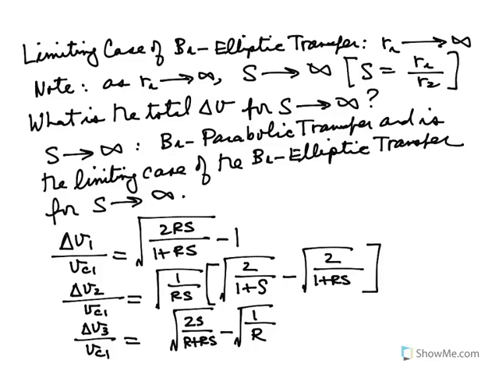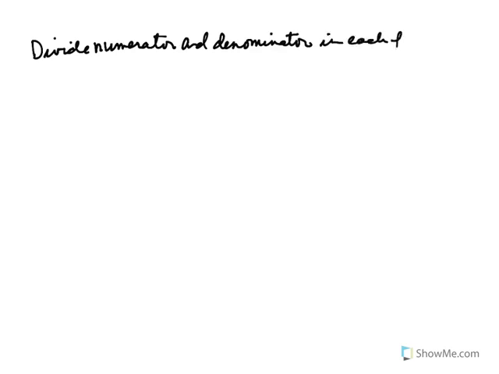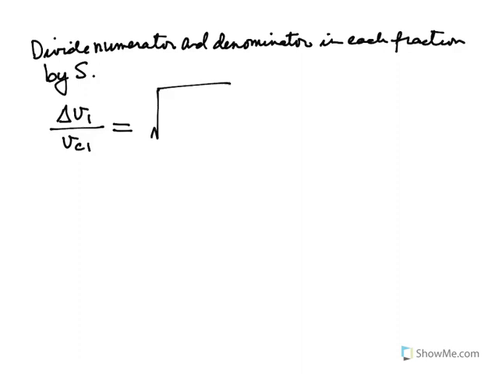Now we're going to rewrite these three delta V's in the following way. We're going to divide numerator and denominator in each fraction by S. What that gives is that delta V1 divided by VC1 is going to equal the square root of 2r all divided by 1 over s plus r, minus 1.